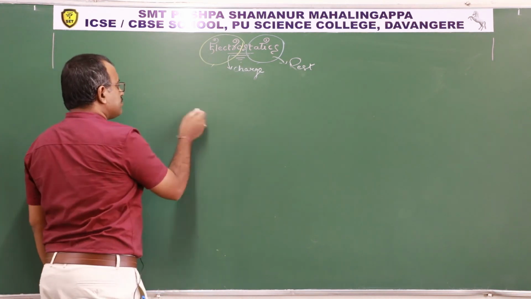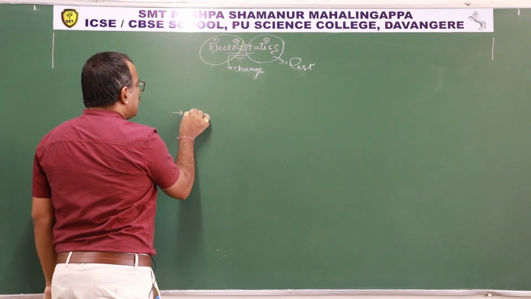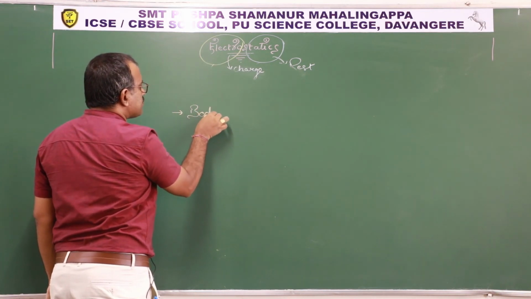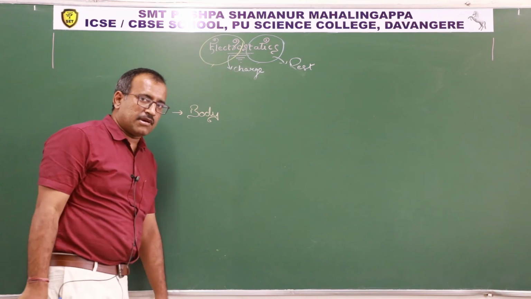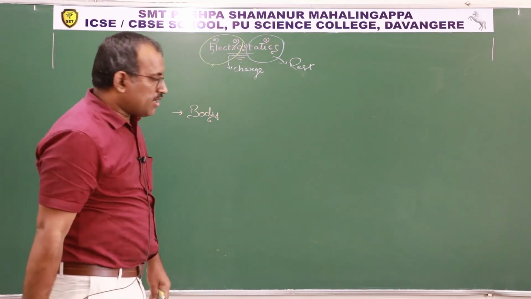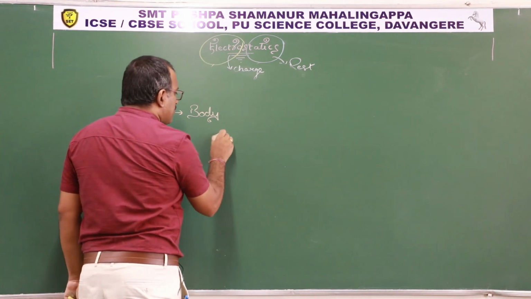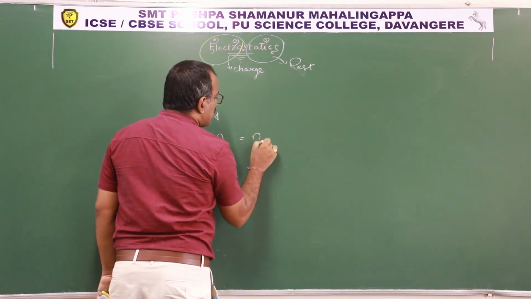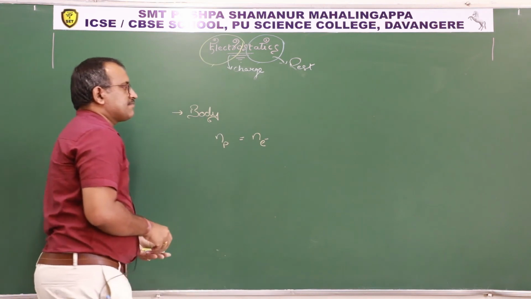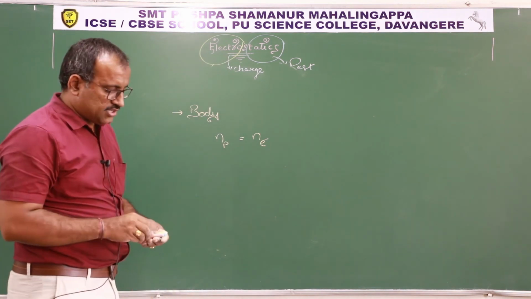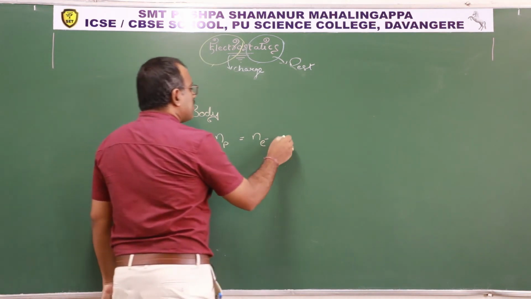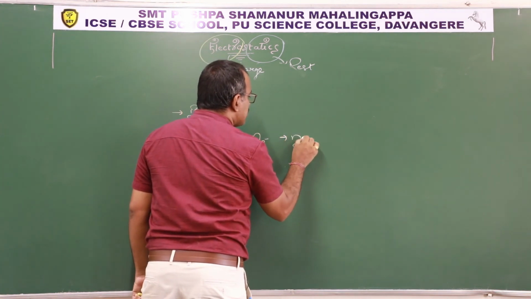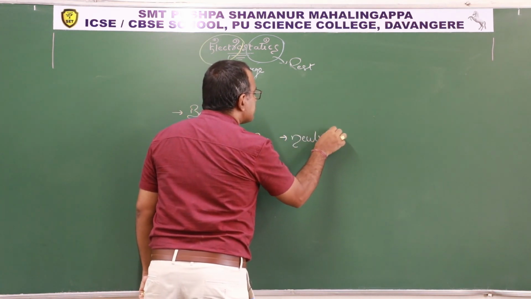Now, in any given body, remember, if the number of protons Np is equal to the number of electrons, then the body is said to be neutral.